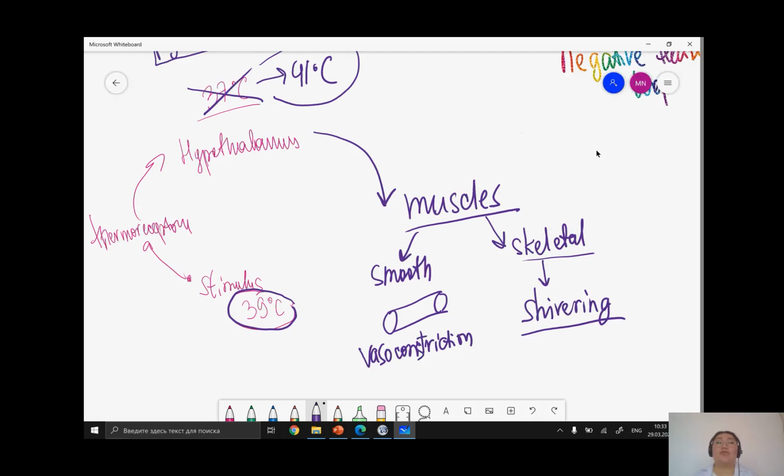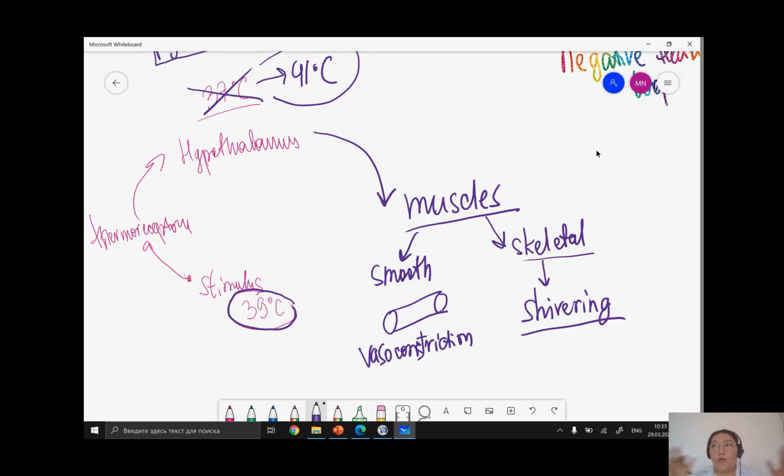Because during the contraction, you will consume energy, the ATP, and due to this process you will produce heat. That's why sometimes, guys, when you have a high temperature, you feel cold, you have shivering, and you have pale skin.